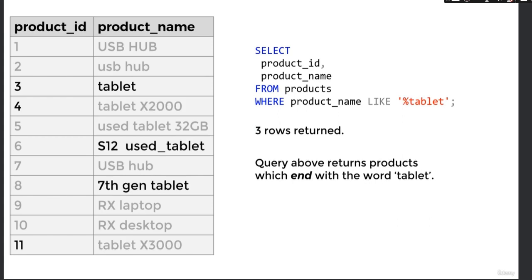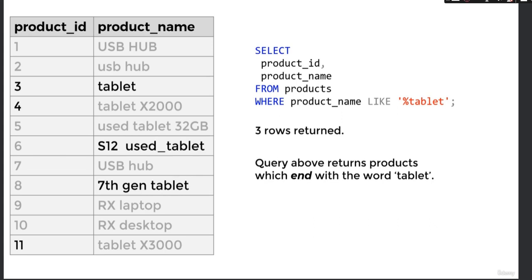So now we only get rows returned which end in the word tablet, and we can have any number of characters before it. The query above returns products that end with the word tablet, for example S12 use tablet, 7th gen tablet, like that, right?